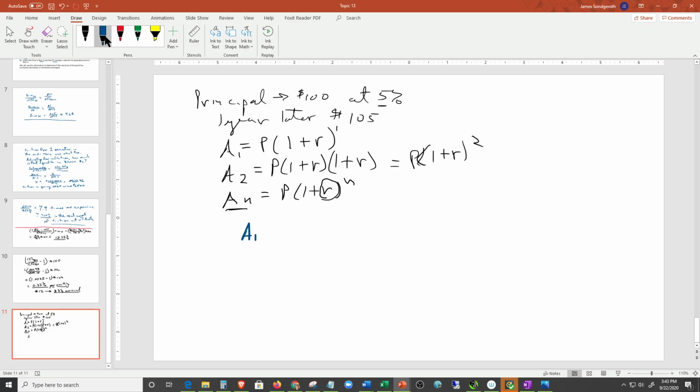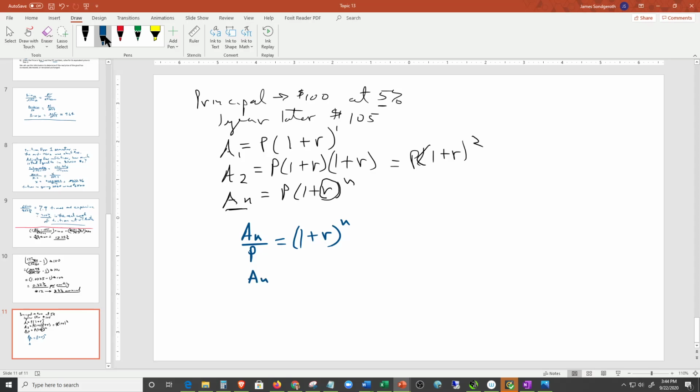So a sub n, the amount after n periods, divided by the principal, or the amount we started with, would equal 1 plus r to the nth. If this were squared, you'd see that I could take the square root of it, but I'm going to do something slightly different.